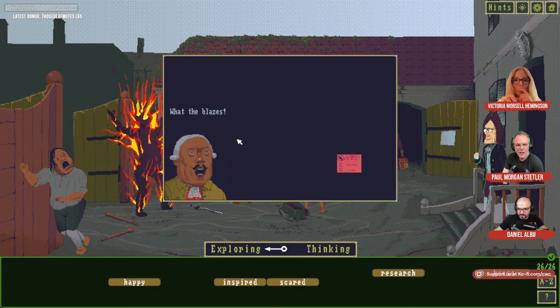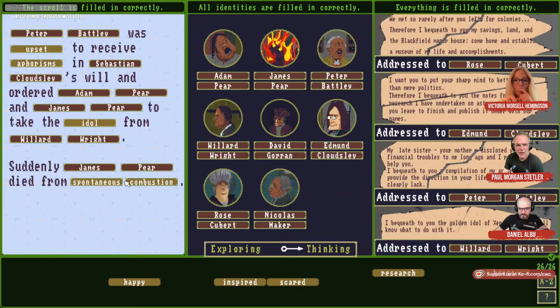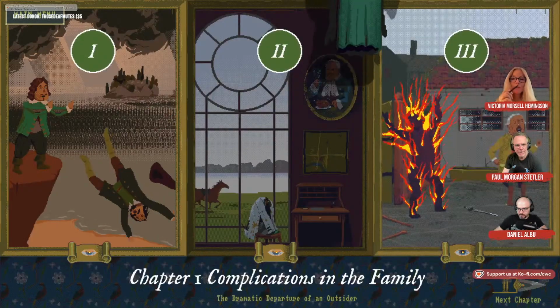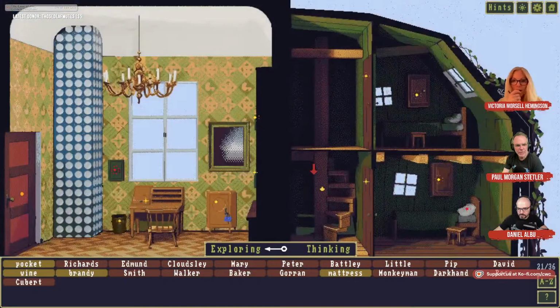Oh, here it is. My late sister, your mother disclosed your financial troubles to me long ago, and that was addressed to Peter Batley. No, that was addressed to the bottom one. Oh, you're right. Okay, late sister then. So she died. So Peter Batley is the one who's in financial trouble, right? So is he referring to Rose? Is she his late sister?